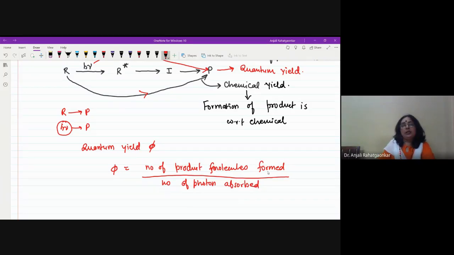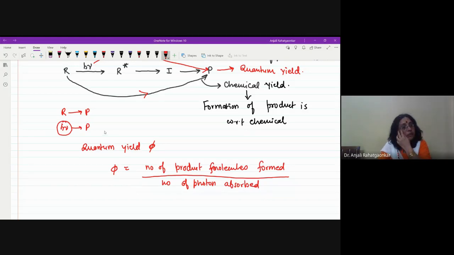Now in this case, you are getting my point. What is the quantum yield? Quantum yield is if this h nu amount of energy is absorbed by the molecule, how many molecules are formed.